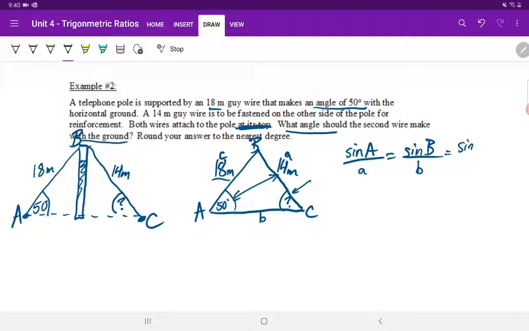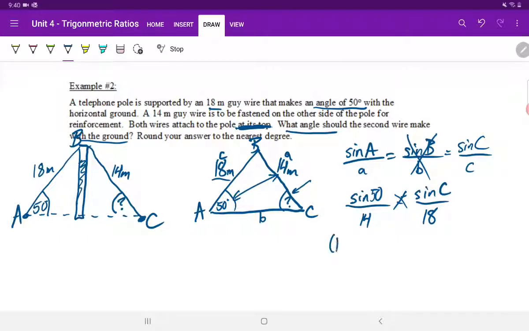I wouldn't normally do that, but I'm just trying to make it as clear as possible what I'm doing here, because clearly there's nothing given for angle B, so we're not going to use that proportion. So let's fill in our values, and then cross multiply and solve for angle C.